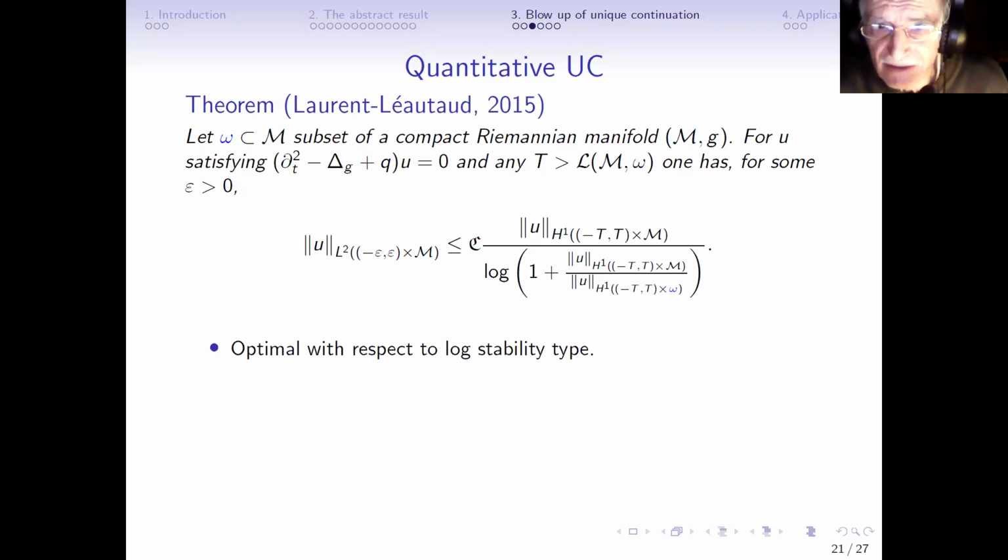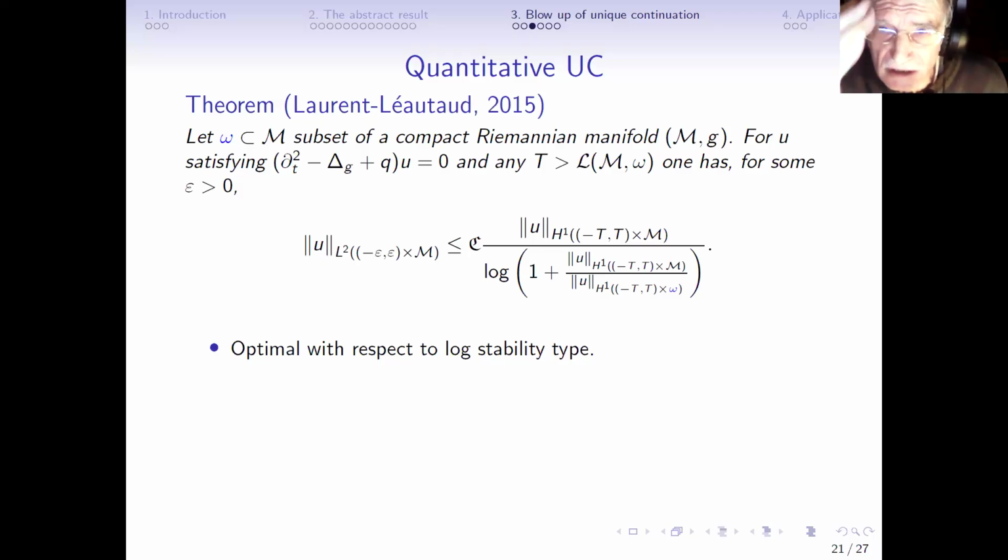Excuse me, what is the L capital M omega? T greater than, what is that? Exactly. So we're going to talk about it. Here I just said there is some minimal time, because for the wave equation you need a minimal time for unique continuation. How is it connected with geometry?